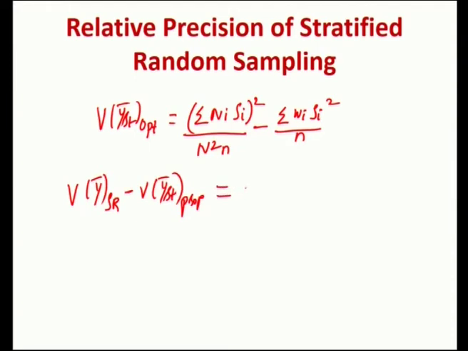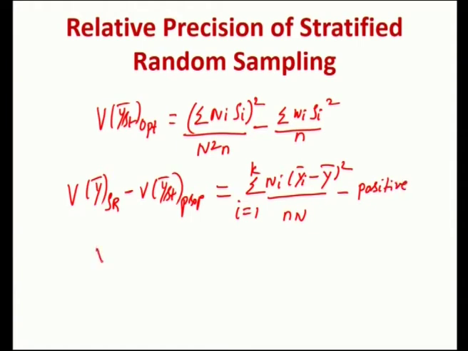On simplification, we get this expression as summation over i is equal to 1 to k capital Ni into yi bar minus y bar the whole squared by small n into N, which is a positive quantity. So, we can say that variance of y bar in simple random sampling is equal to variance of Yst bar in proportional allocation plus some positive quantity.